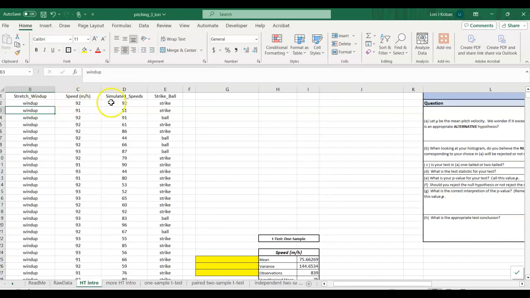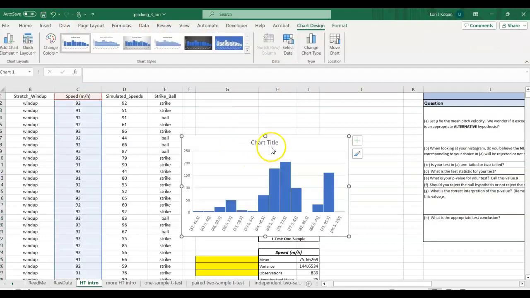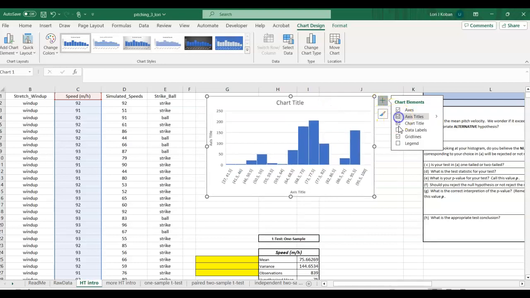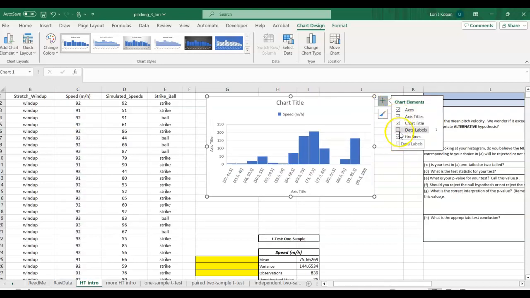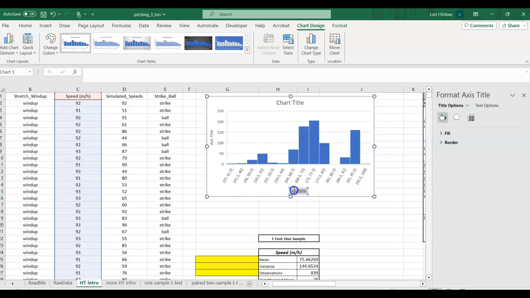it's talking about the speed. Let's make a picture of the speed variable. So we'll insert a histogram of the speeds. And I'm going to pretty this up a little bit and make sure we include important information. So here are our speeds in miles per hour.